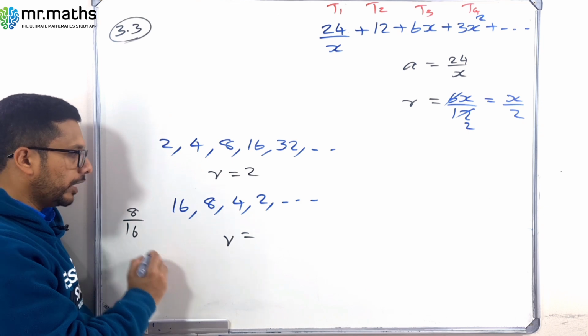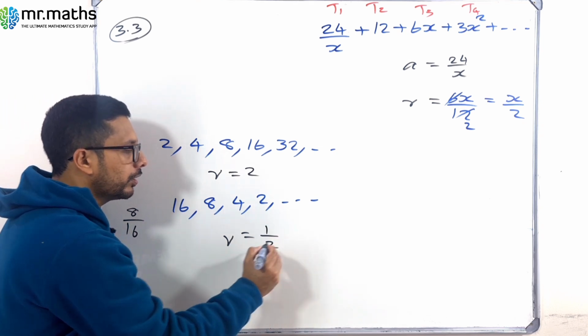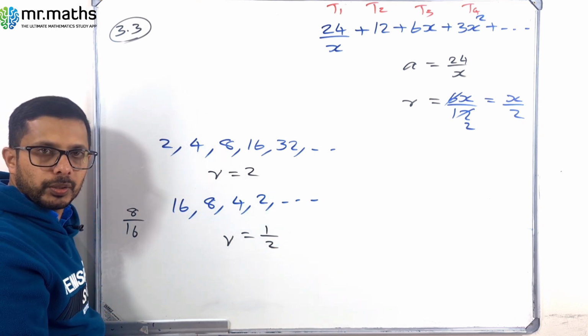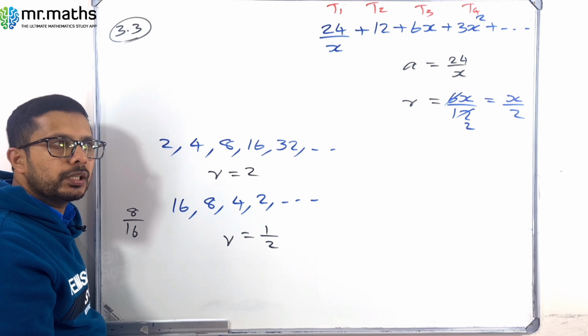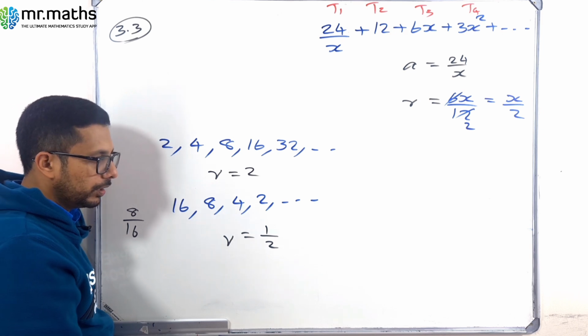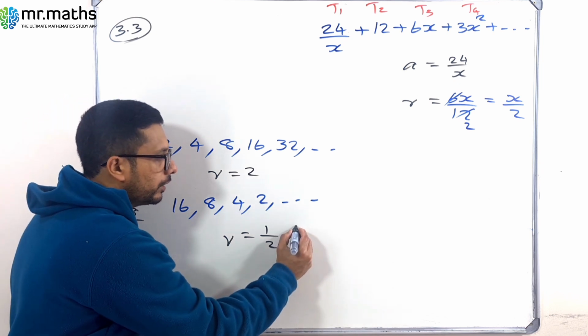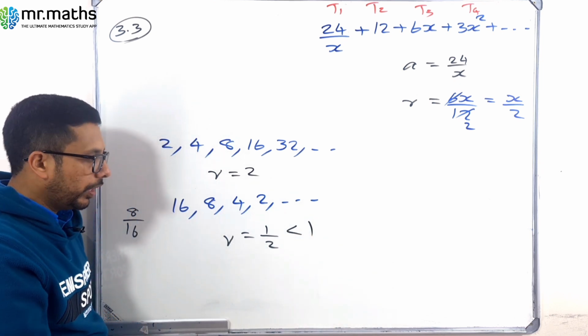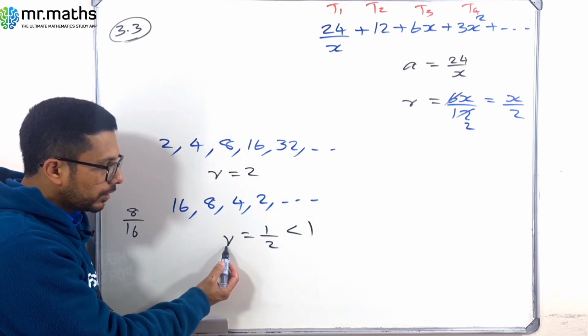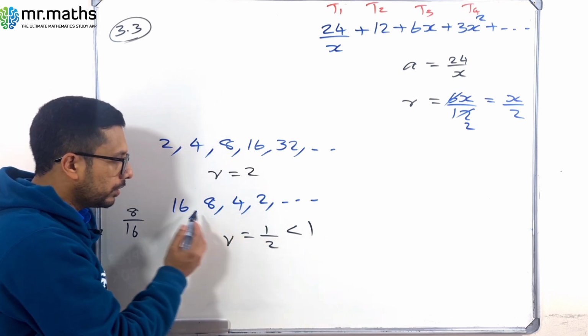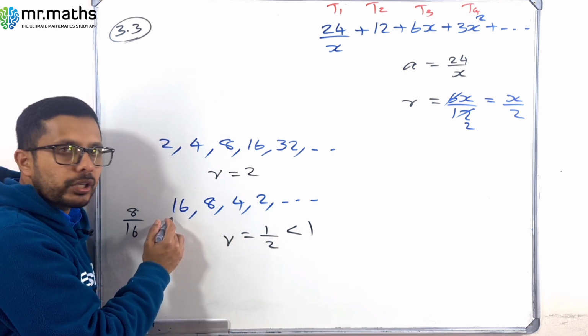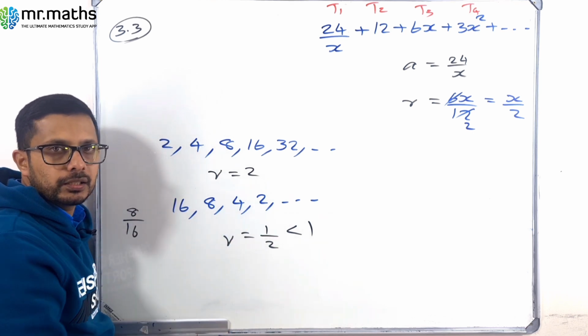So 8 by 16 is 1 over 2. 1 over 2 means it is less than 1, between 0 and 1. So when the r value is less than 1, the geometric series is not increasing, it is decreasing.